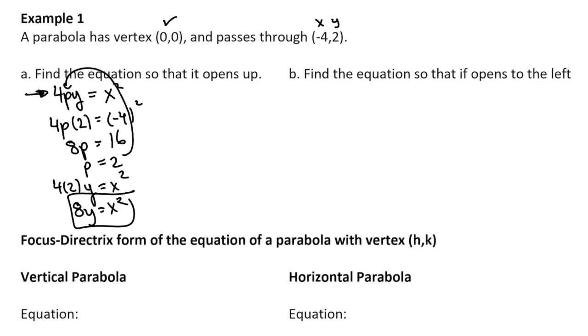So I'm going to show you a second way to do this as well. Imagine you had something like y equals ax squared, where a could represent some sort of vertical expansion or compression. We don't need to put in any translations or shifts because our vertex is at (0, 0). And if you sub in, so we're going to do the exact same question here, we're going to sub in -4 and 2.